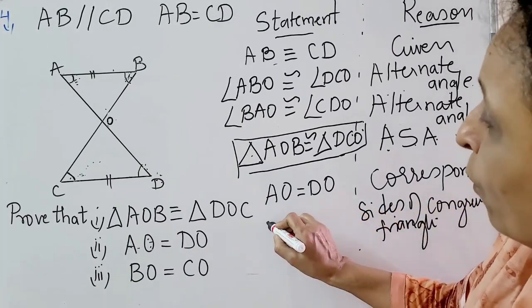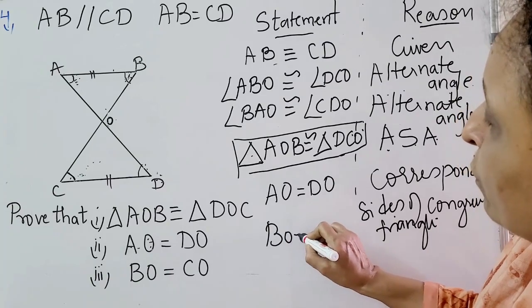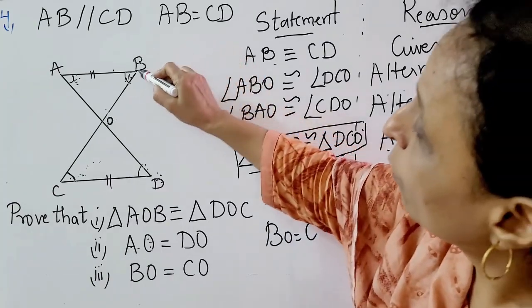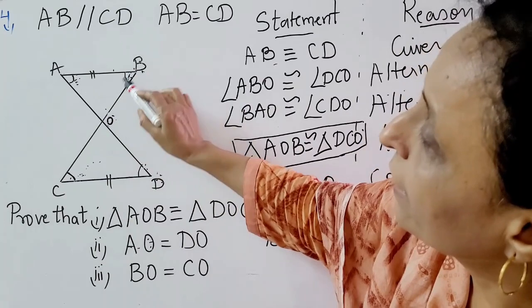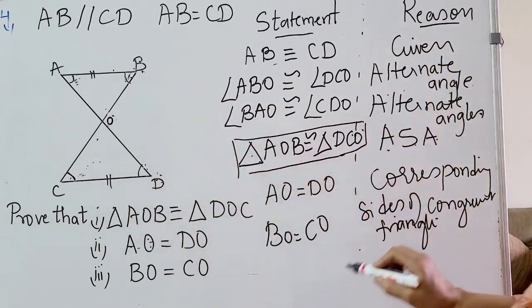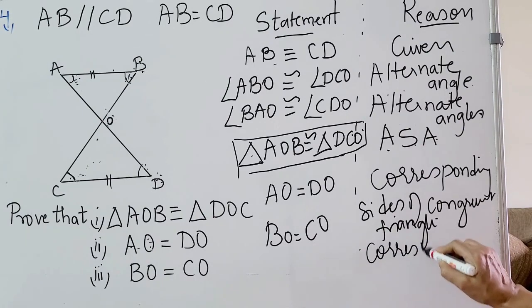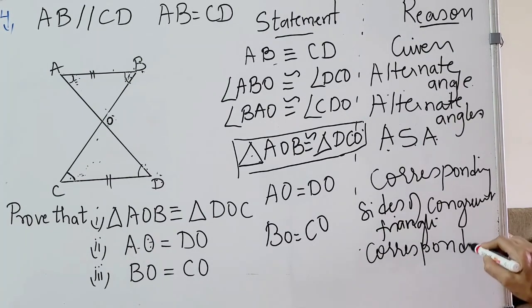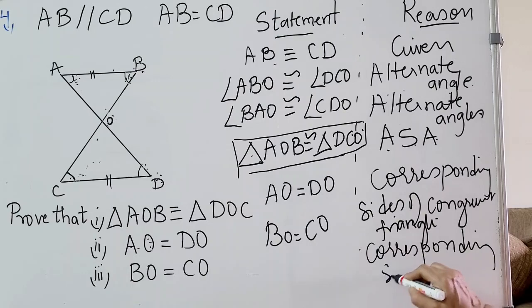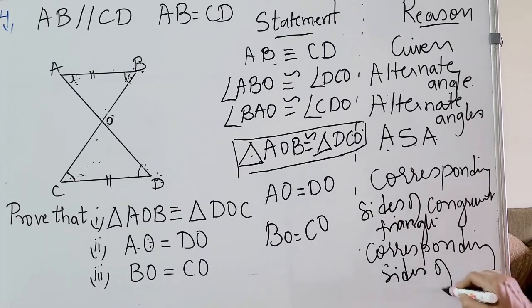Now BO is equal to CO. Again, they are the corresponding sides of the congruent triangles.